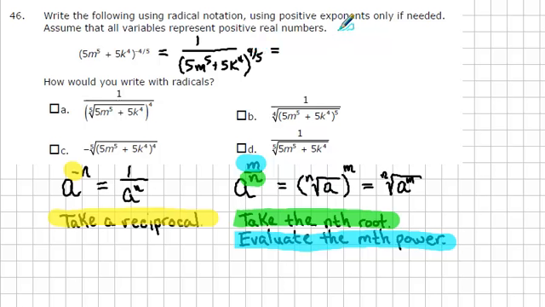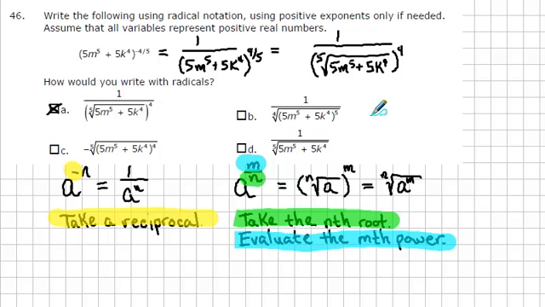So we can write this as 1 divided by, take the fifth root of 5m to the fifth plus 5k to the fourth, and then raise the result to the fourth power. And we check to see if this matches any of the given expressions, and we see that it matches A. So A is our correct answer.